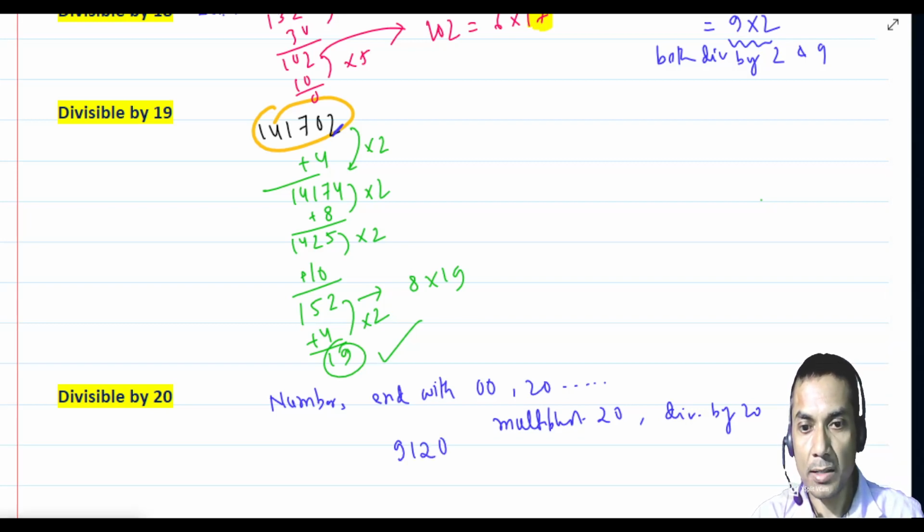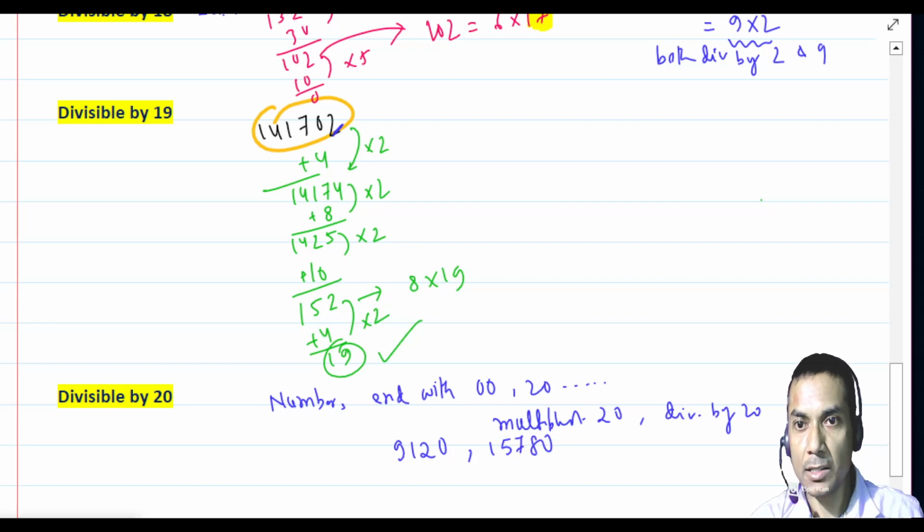One more example: 789 into 20 is 15780. Look at this number: 20 and 80 are both multiples of 20, that is the reason the number is divisible by 20.